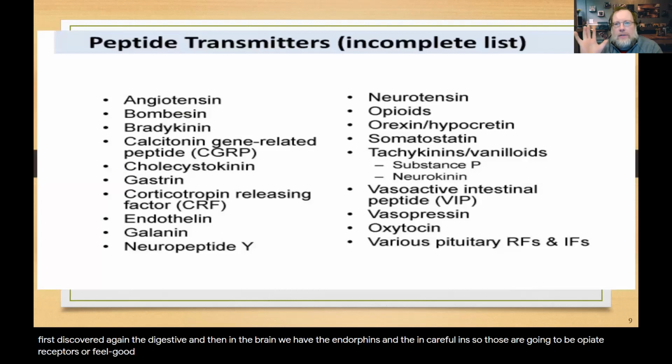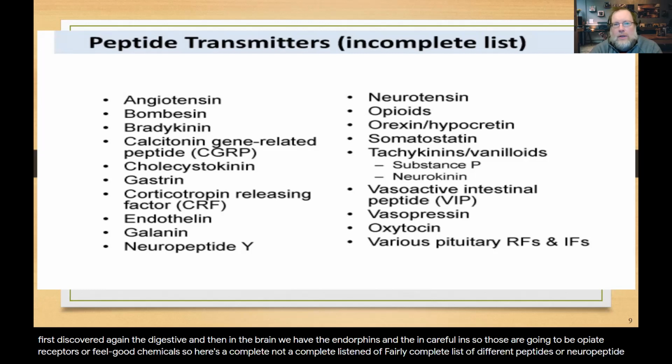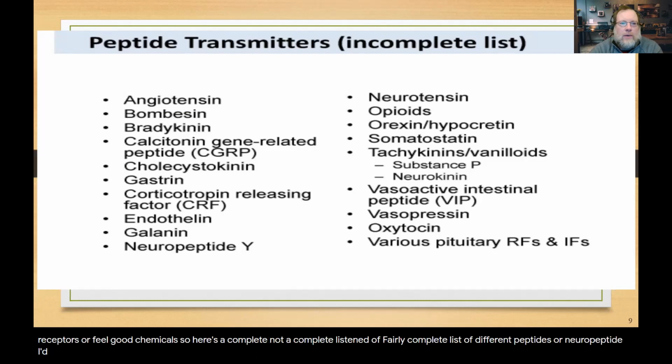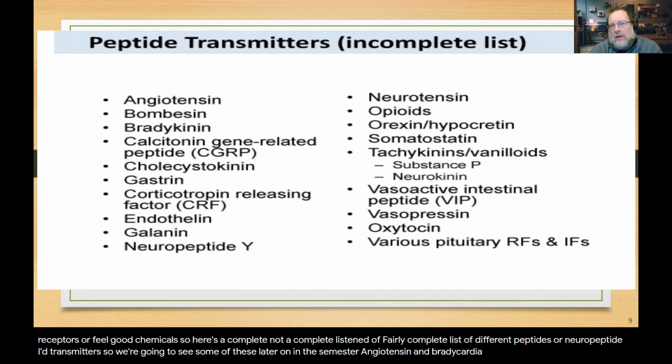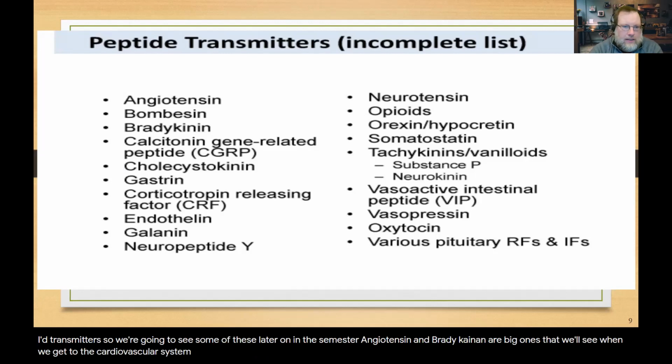So here's a fairly complete list of different peptides or neuropeptide transmitters. We're going to see some of these later on in the semester. Angiotensin and bradykinin are big ones that we'll see when we get to the cardiovascular system.